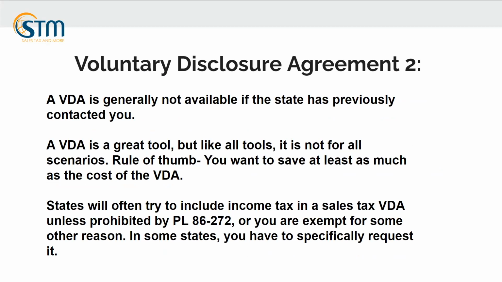Our rule of thumb is you want to save at least as much as the cost of the VDA. You also want to know how much money you're going to have to give a state. I'm going to go back to the Avalara again. And they're saying, oh, for the last 12 months, and it was counting this year, and it was as of March.